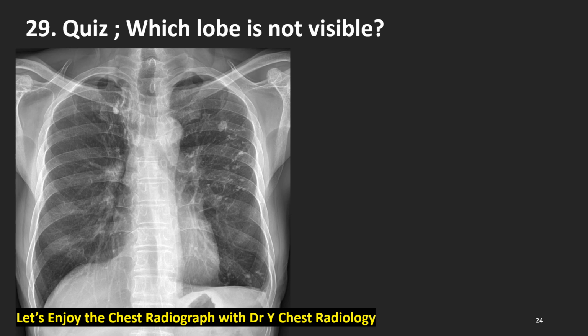This is a quiz for you. Which lobe is not looking good? Not visible. How about the left upper lobe? Is it there? How about the left lower lobe? Is it there? How about the right upper lobe? How about the right middle lobe and right lower lobe? It is interesting. Please look at the airway, the large airway.